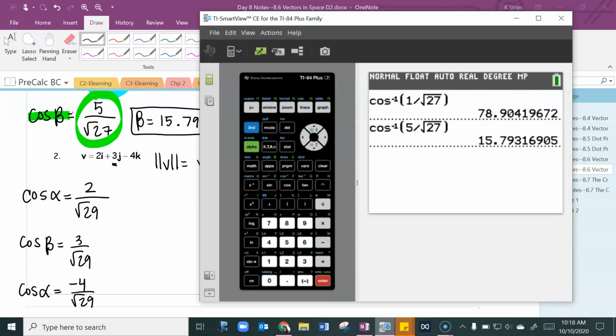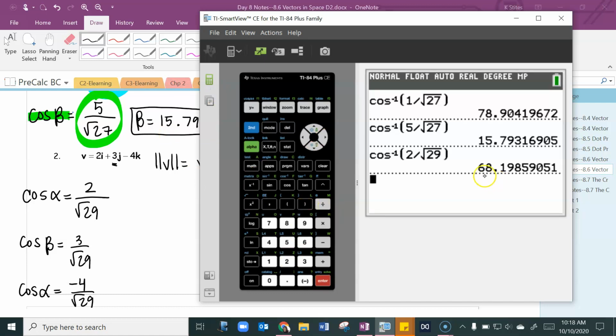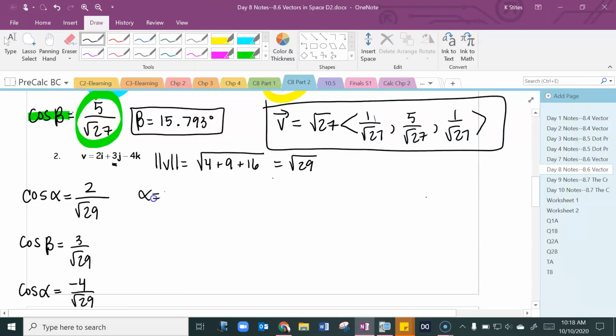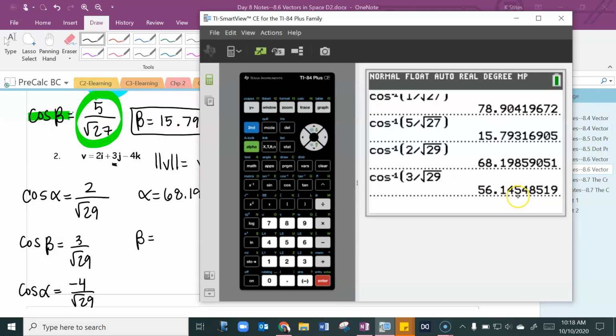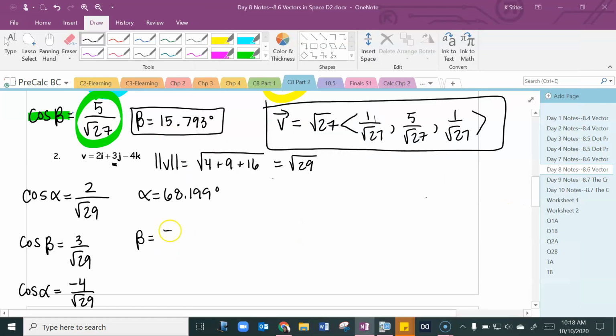Then we'll go ahead and inverse cosine and type all these in. So 68.199 degrees for alpha. And for beta, 56.145 degrees.